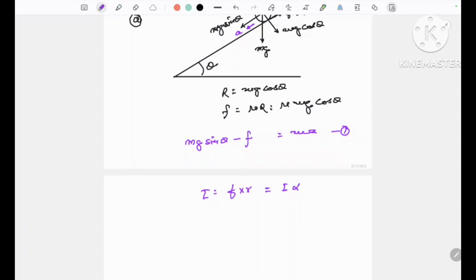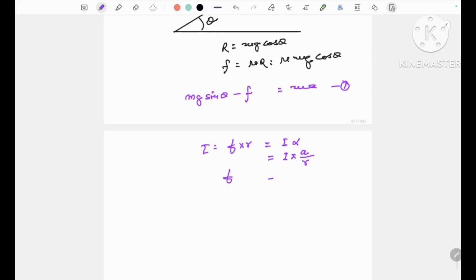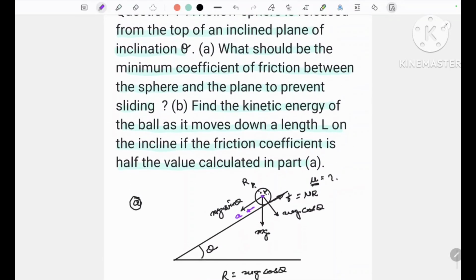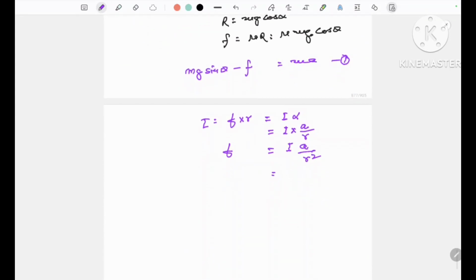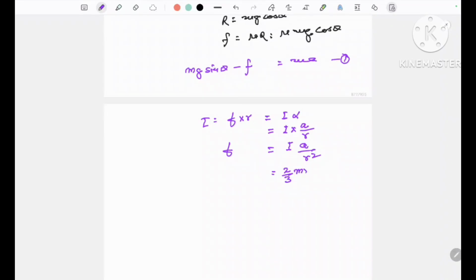Alpha is angular acceleration. For no sliding, alpha is equal to linear acceleration divided by radius, so F is equal to I a by R square. Moment of inertia of hollow sphere about its axis is 2 by 3 mr square, so F is 2 by 3 m a.